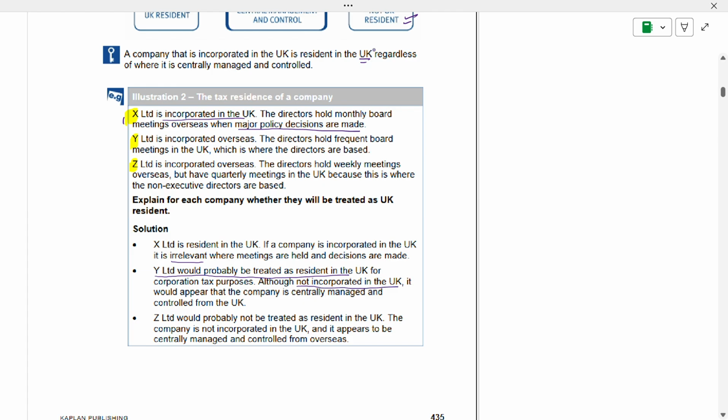Y will probably be treated as resident in the UK for corporation tax. Although not incorporated in the UK, the company is centrally managed and controlled from the UK. It is incorporated overseas, but the directors hold frequent board meetings in the UK, where the directors are based.